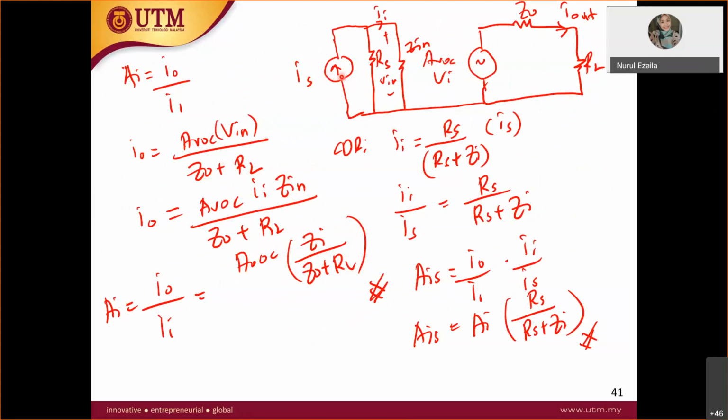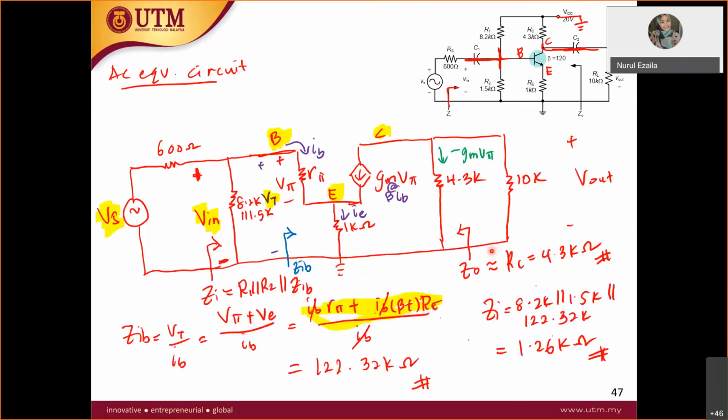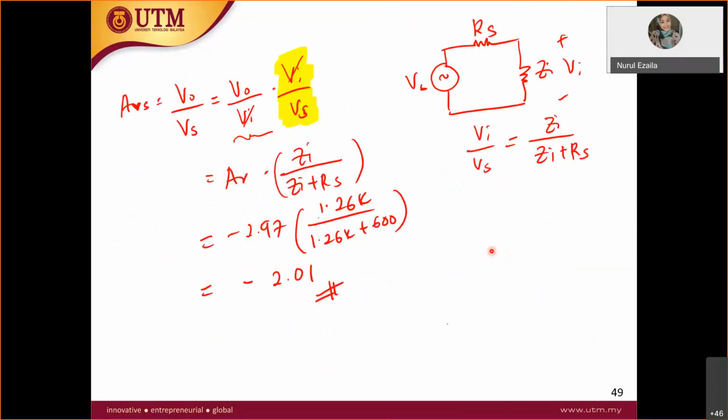You have VS in series with RS. Now you do the voltage to current transformation. You have now current source in parallel with RS, then you do the current divider rule. You get the portion for IS: I in over IS is equal to RS over RS plus Z in.